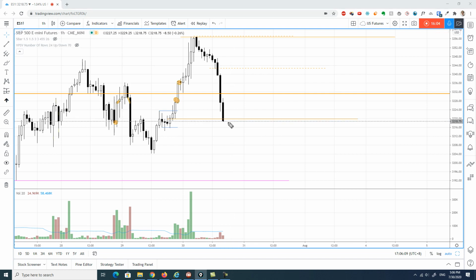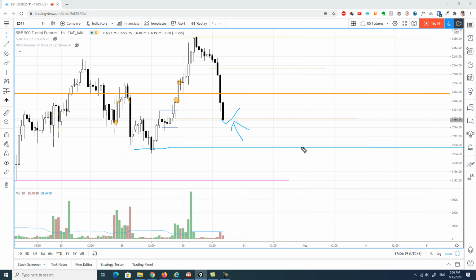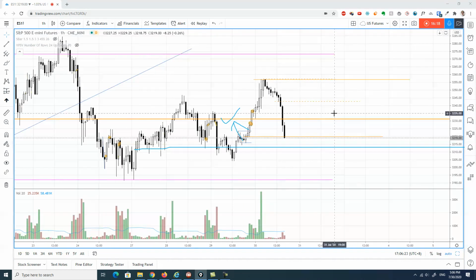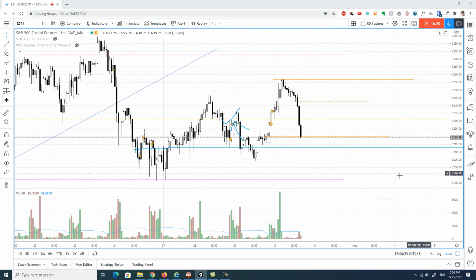If it can, then most likely we can see a bounce up from here, so it's a possible long trade there. Otherwise, the next support level is 3205. There are a few support levels below, and in the worst case I will want to see a bounce from the 3190 level. This is the last line of defense.